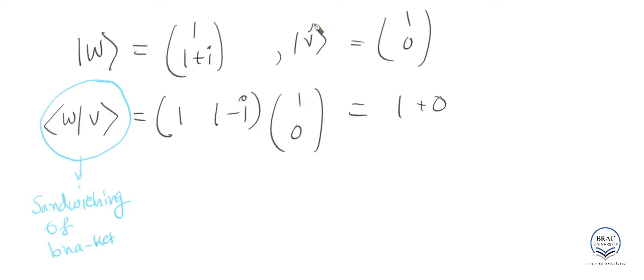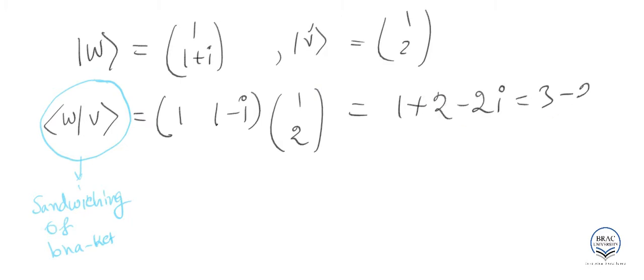So instead of v, let's write it as v prime. Instead of 0, let's write it as 2. So if we do that, then instead of 0 over here, we will have 1 plus 2 minus 2i.